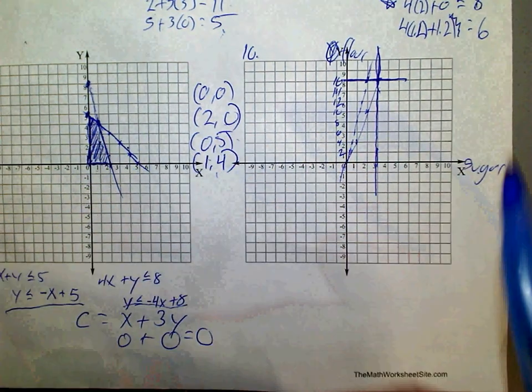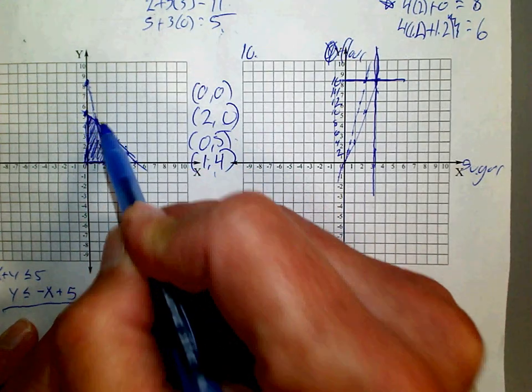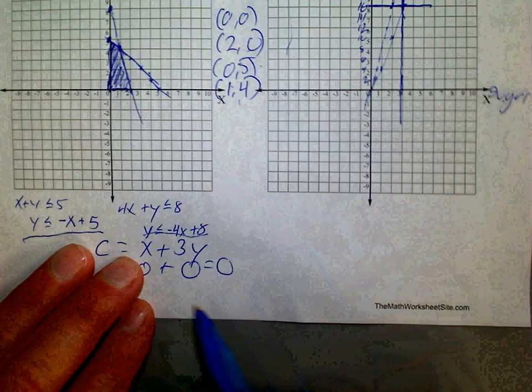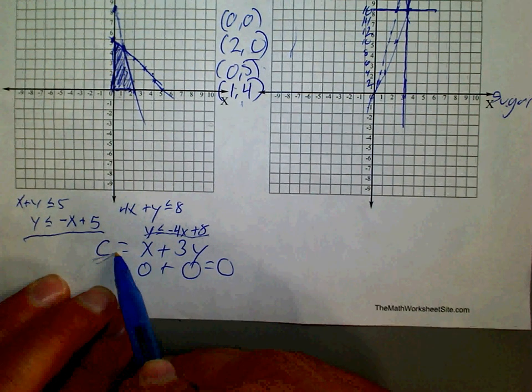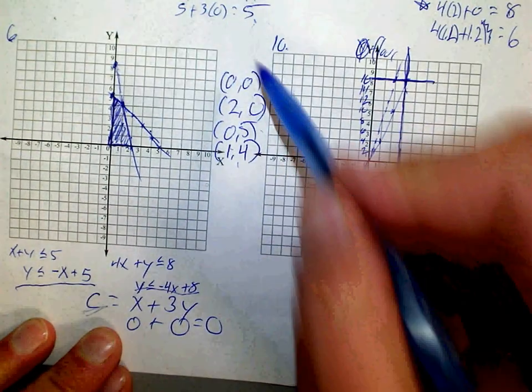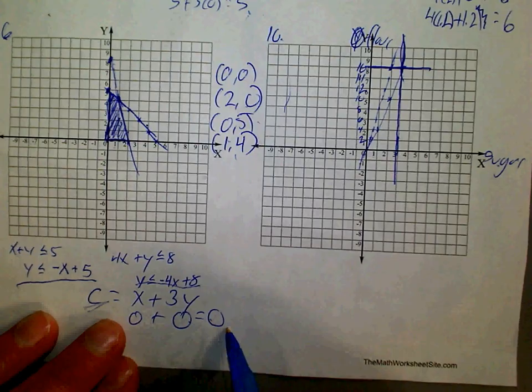So make sure you're very methodical about following this down 4 over 1. Either way, if you plug those into this cost, and it asks for the minimum, isn't it kind of obvious which one's going to be the minimum? 0, 0 gives you 0.